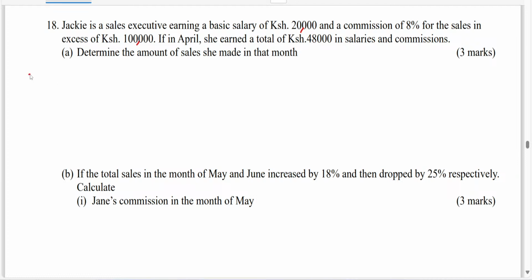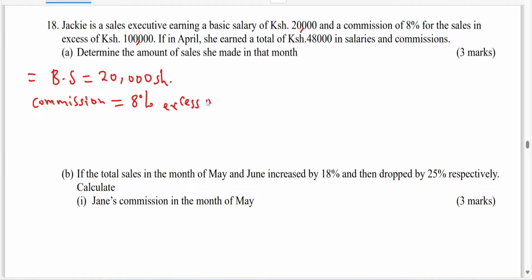So you are told someone gets a basic salary of 20,000, teachers' money. I hope we get at least 200,000 one day, but what do we do? And a commission of 8% for the sales in excess of 100,000.